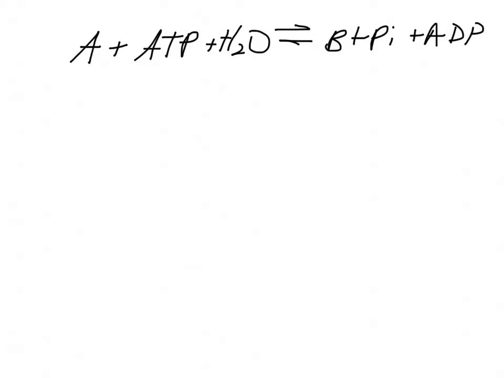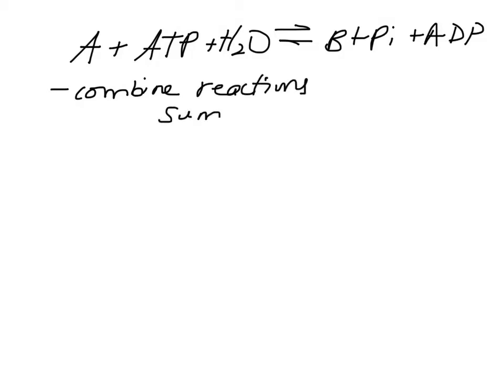Now, when we combine reactions, we can sum the delta G's, and we are going to multiply the equilibrium constants.